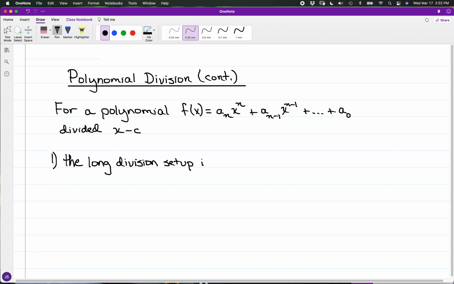So for the long division setup, we have x minus c, and we have taking into the dividend.